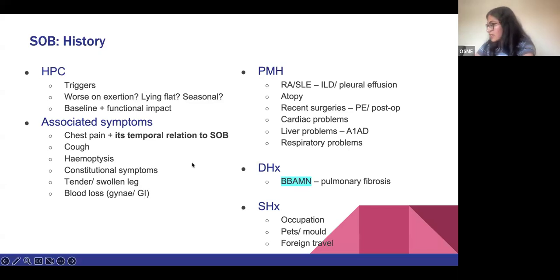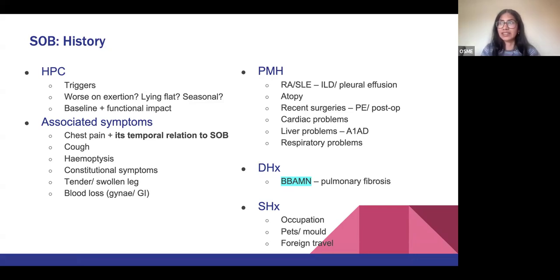Associated symptoms. Someone said here that one of the first things you should ask about is chest pain, which is true, but some of the benign causes of shortness of breath can also cause chest pain. In terms of asking in the history, it's important to say, do you have chest pain? And if it is with the shortness of breath, then do you always get chest pain with shortness of breath?